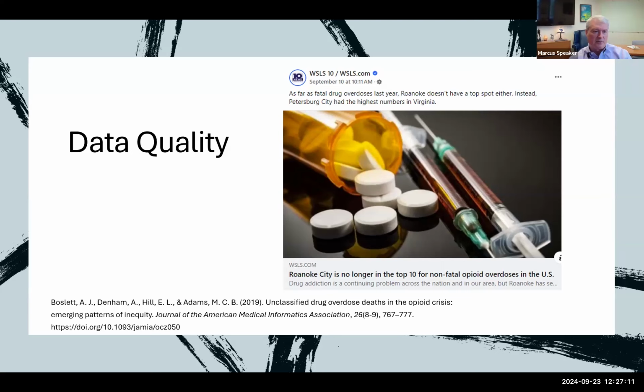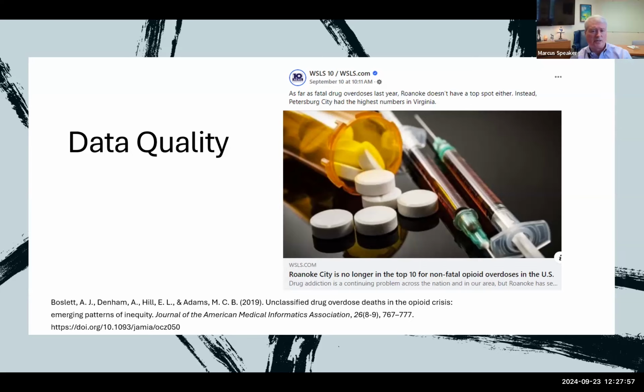This particular article that I was looking at enforces the need for good quality data, and is around overdose deaths, not specific to opioids, but in general, all overdoses. It found that people dying from overdoses in counties that had higher income were less likely to have unclassified overdose information in the death records.